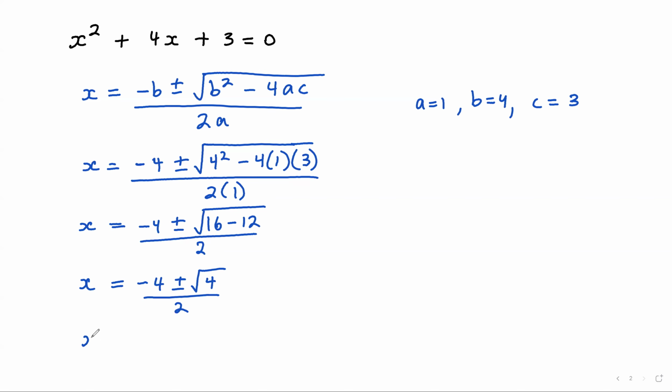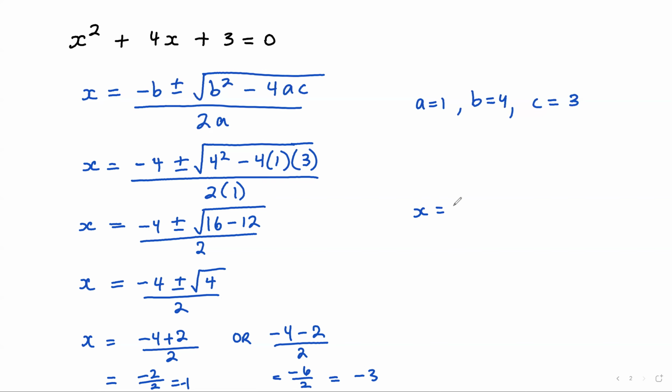All right, so therefore x would be equal to negative 4 plus the square root of 4, which is 2, divided by 2, or x is equal to negative 4, take away the square root of 4, which is 2, all over 2. So this will end up being negative 4 plus 2 is negative 2 over 2, which is negative 1, or negative 4 minus 2 is negative 6 over 2, which will give me negative 3. So your solutions here are x is equal to negative 1 and negative 3.